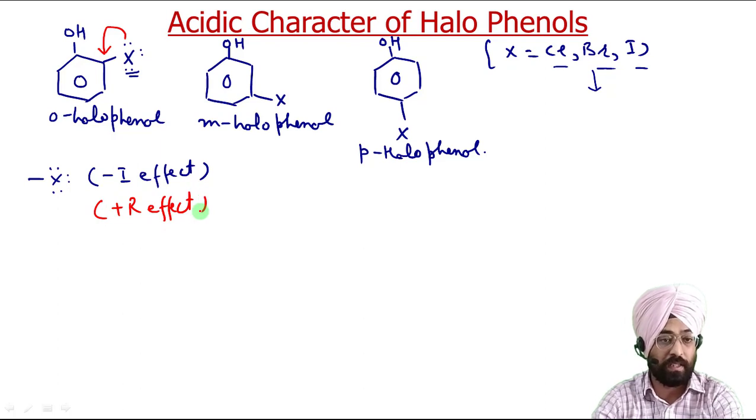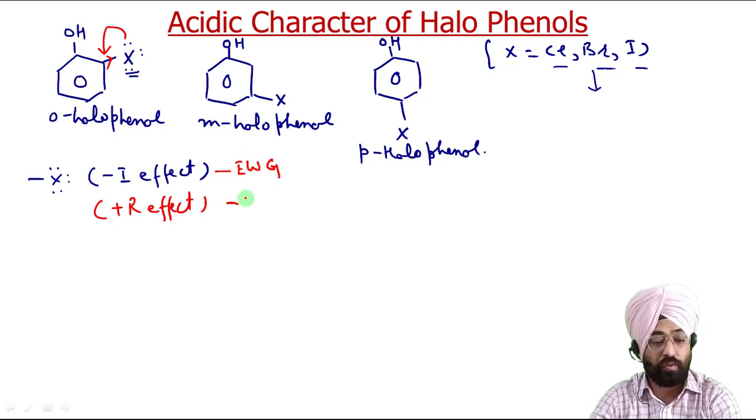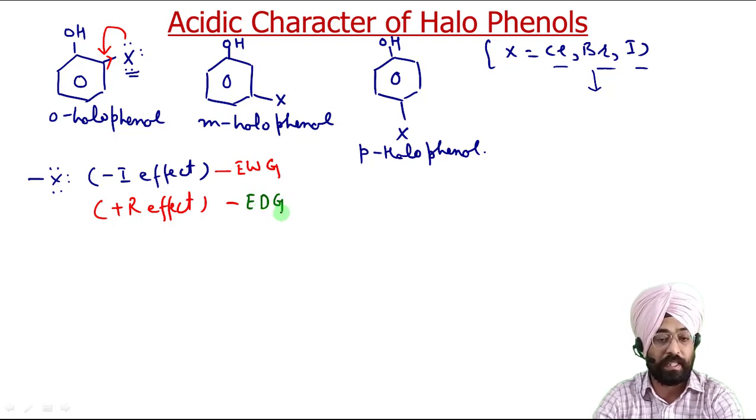So these halogens have a minus inductive effect, meaning they attract electrons towards themselves because of the inductive effect, and due to resonance they give electrons towards the ring. Due to the minus I effect they are electron withdrawing groups, but due to the plus R effect they are electron donating groups, EDG electron donating, EWG electron withdrawing.